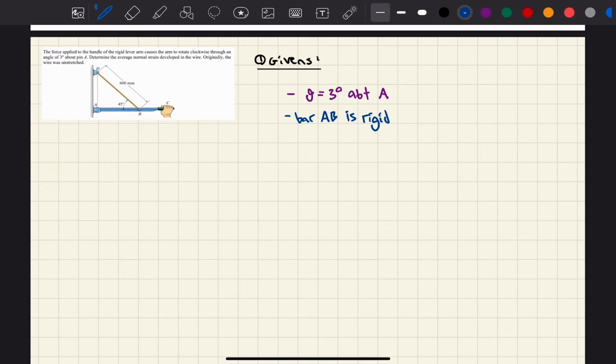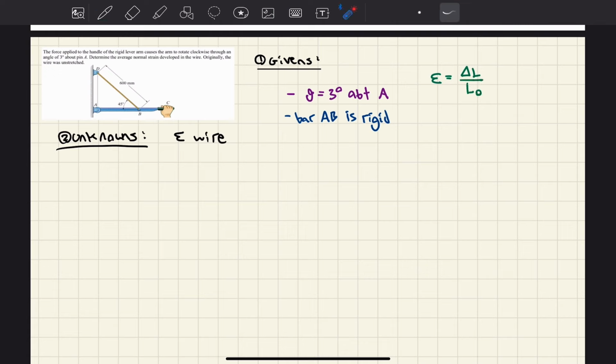Okay, we're trying to find strain in this question, so let me actually go to unknowns. This question wants us to find strain in the wire. It's the first time we're dealing with strain, so the equation for strain is equal to the change in length divided by the original length, okay?